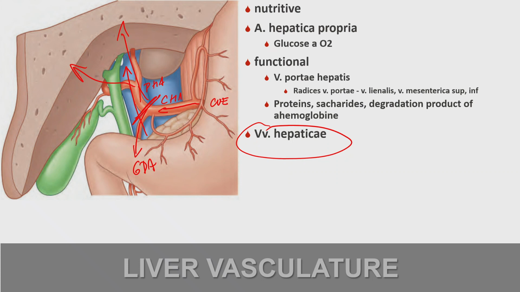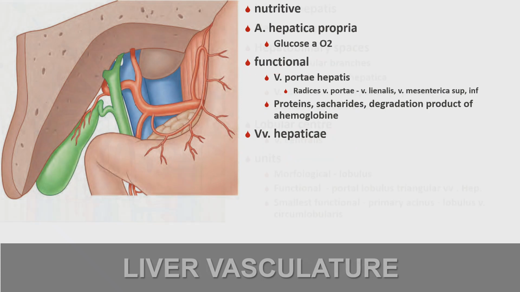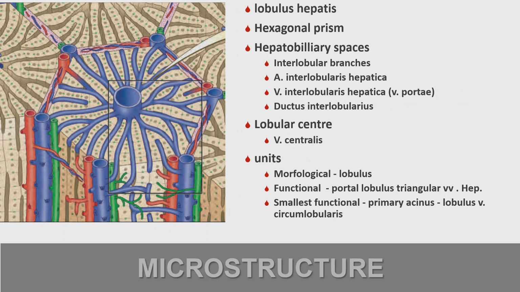So portal circulation is a venous circulation between the gastrointestinal tube and the liver, provided by the portal vein. This is an important functional system. The nutritive system is made by the proper hepatic artery.